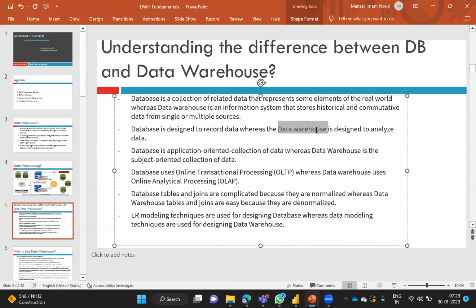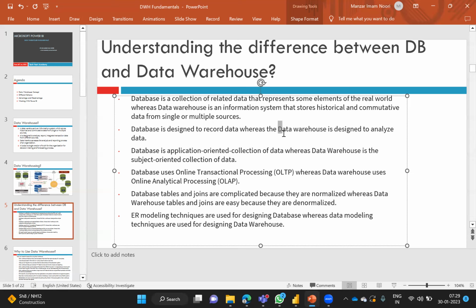Maybe in this case you are using the database as Oracle, and in a data warehouse you can also use Oracle, but you have different versions of Oracle for lightweight and heavy software. So many things are there. These are storage; you can use similar storage, but the concept is a little different.